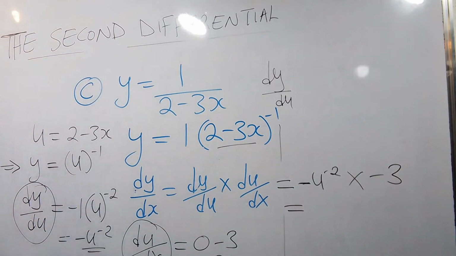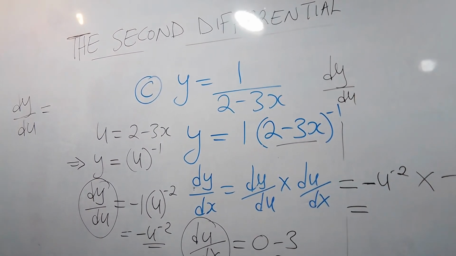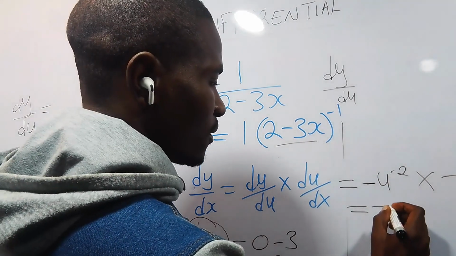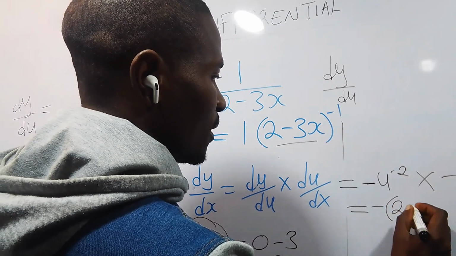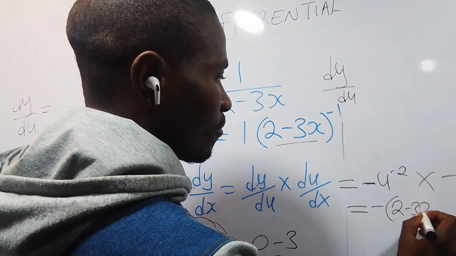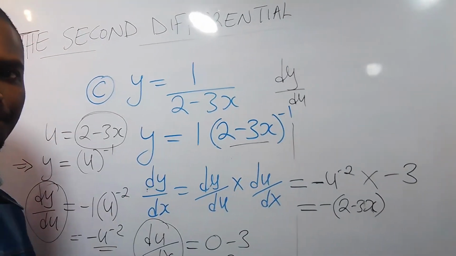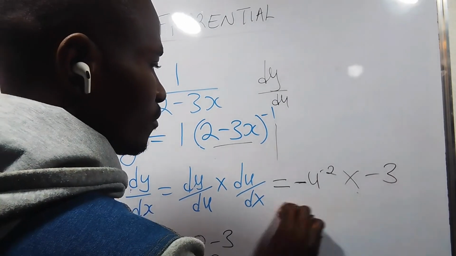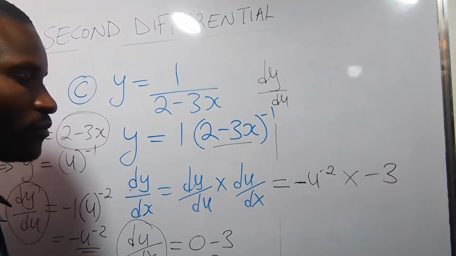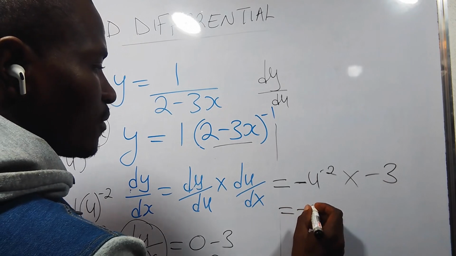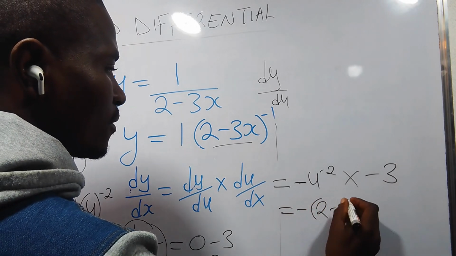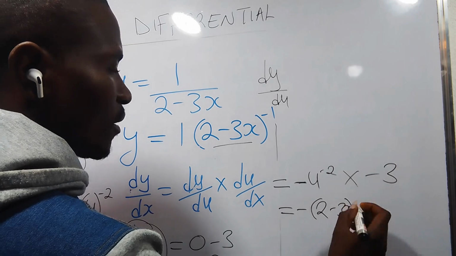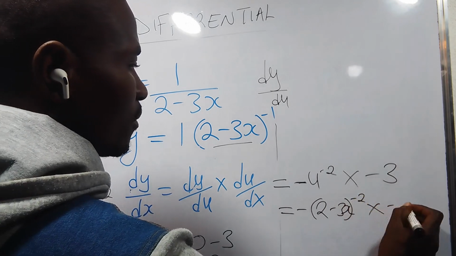Now we know that u is the assumption we made, so we substitute. So negative, open bracket, 2 minus 3x, to the power negative 2, multiplied by negative 3.